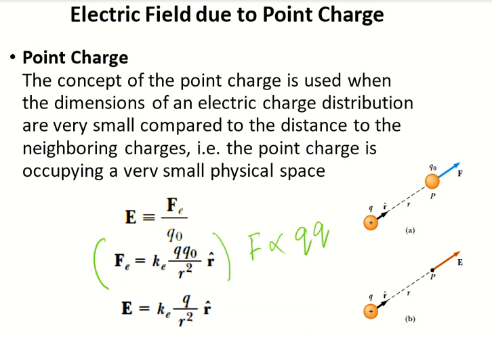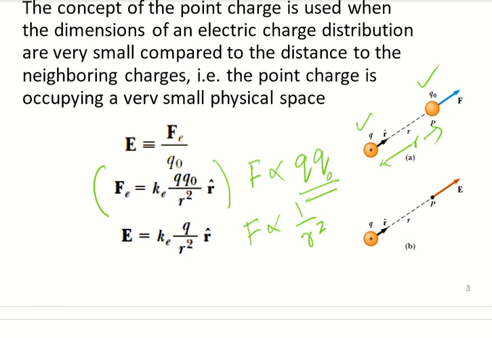So we have two charges, Q and Q naught, and this force is directly proportional to Q and Q naught, and inversely proportional to the square of the distance between them. It is a vector force, so we have to give it a unit vector r.